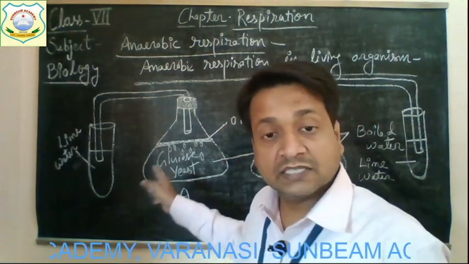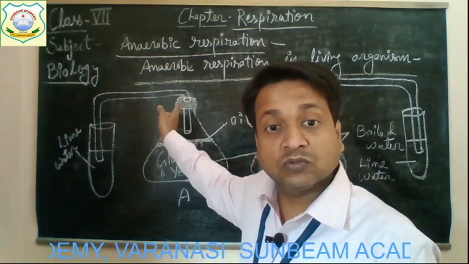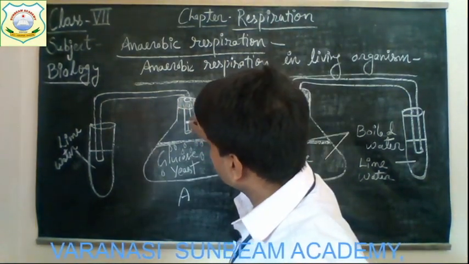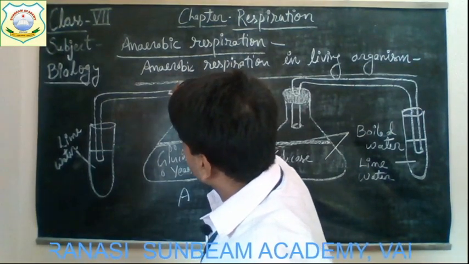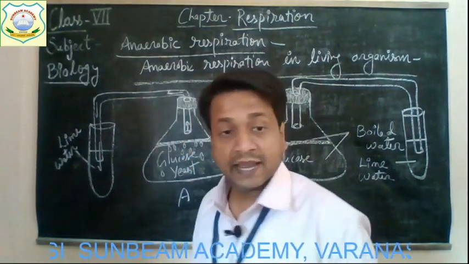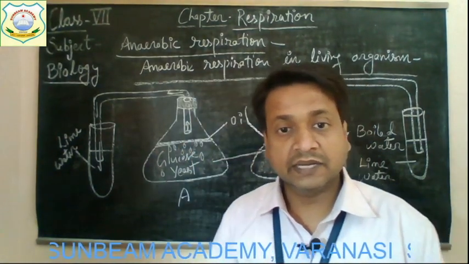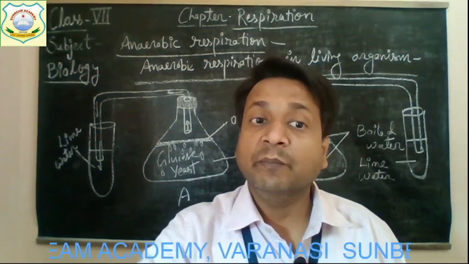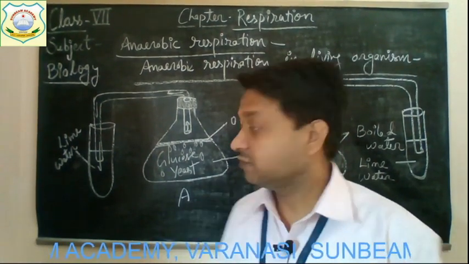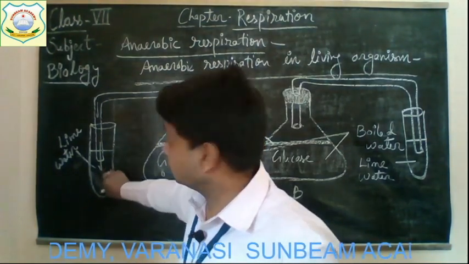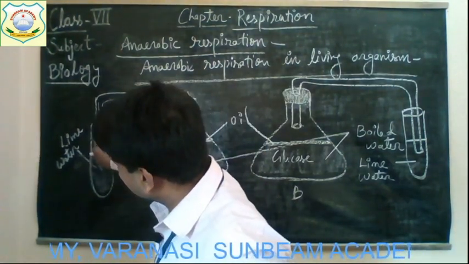This gas will pass through the glass tube and finally come into the lime water in the test tube. Get it? And the lime water turns milky. This lime water, which was colorless earlier, now turns milky.